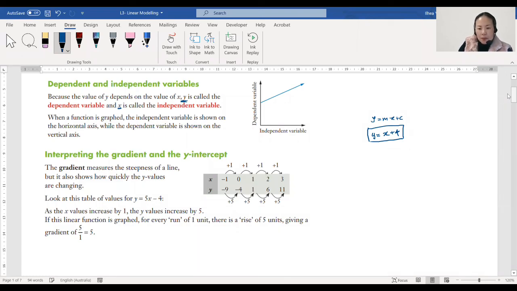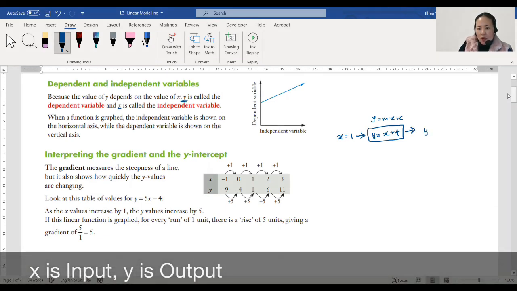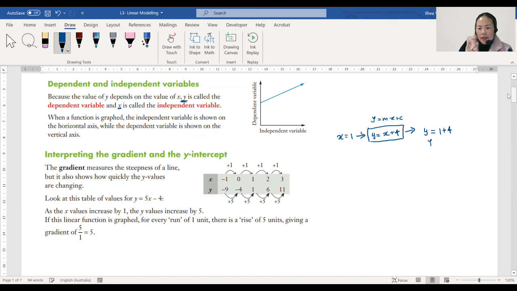Now, input is my x equals 1. I put x equals 1 into this number machine, and what's going to come out is y equals 1 plus 4, which is y equals 5.